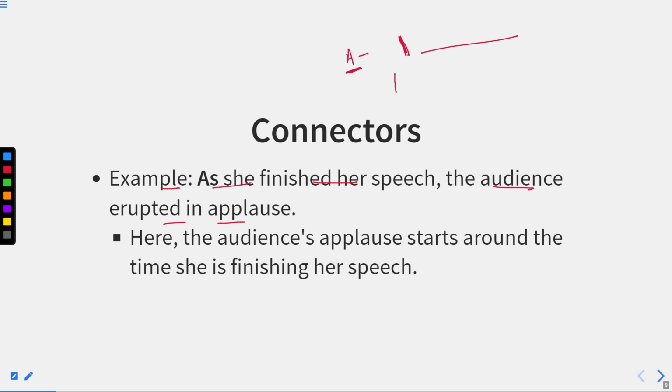It means here the speech finishes and here the applause begins. So here the actions are being done sequentially, one after the other, and to connect these two types of actions we are using as. Here the audience's applause starts around the time she is finishing her speech.